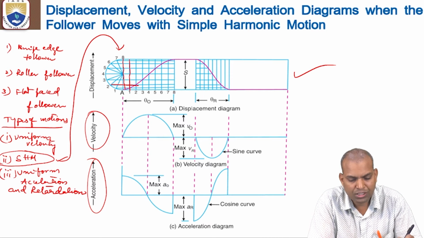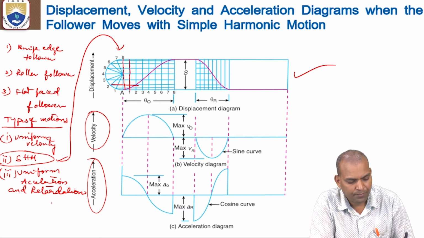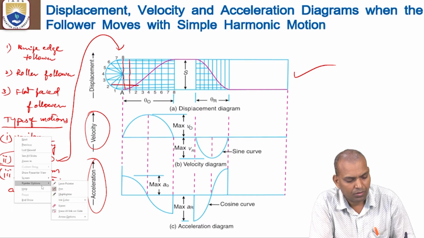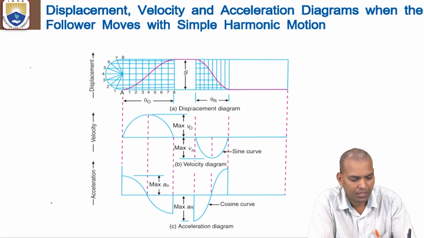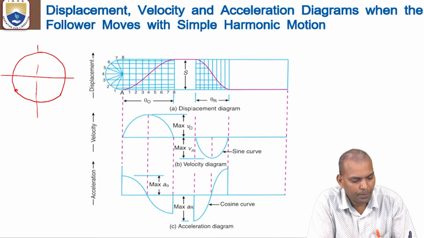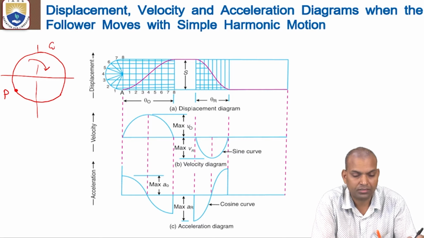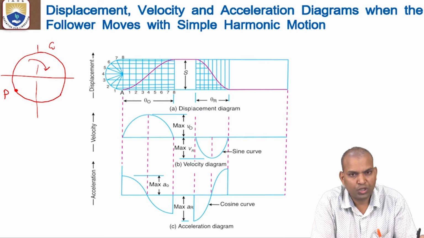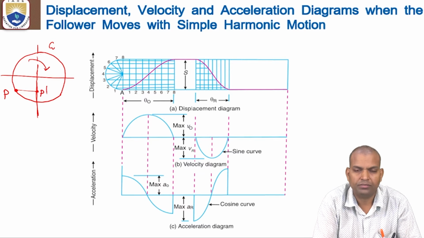Now, what is simple harmonic motion? That one has to know. Simple harmonic motion means when the particle is moving circularly with an angular velocity. Suppose the particle P is moving with uniform angular velocity omega, and the projection of the particle on the vertical axis is P dash.